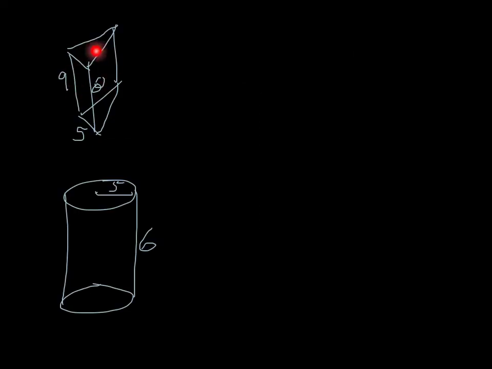Up here we have a triangular prism, and we can see that this triangular prism is a 5 by 8, and I don't think I wrote it in, but this is a right triangle. So if we just draw an 8 by 5 triangle, and it's a right triangle, some of you got confused. We don't need to be concerned with this side because we're finding area, not the perimeter.